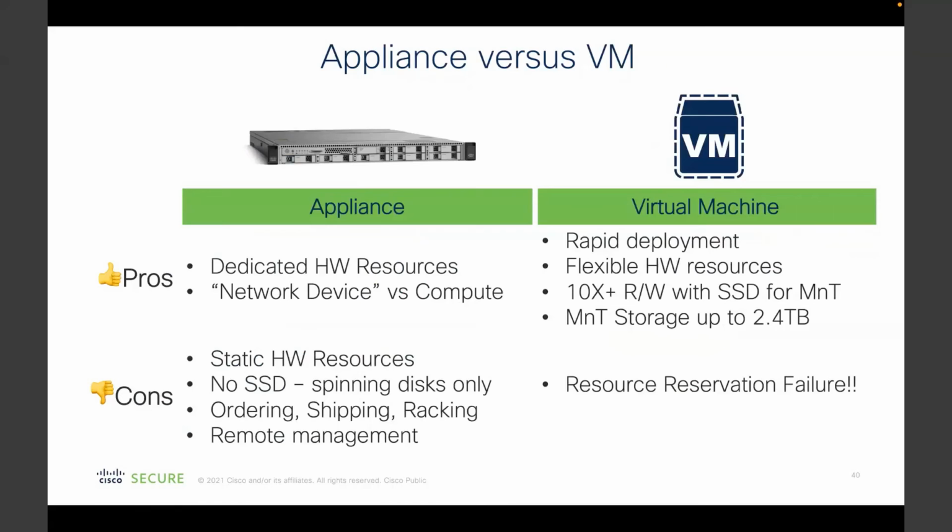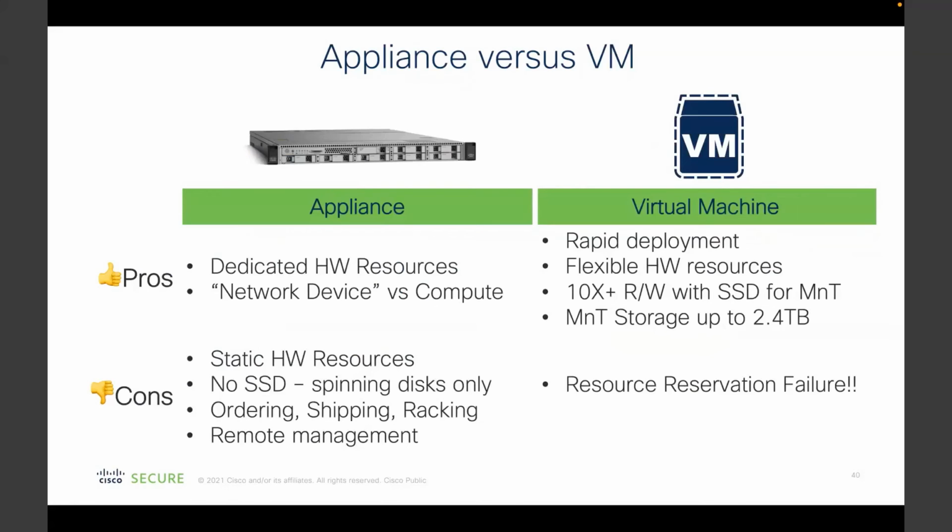If you're not the guy doing it, if you can't trust that they're going to perform the resource reservations, then you need to get dedicated appliance hardware because there have been so many TAC cases on people that didn't do the resource reservations. It looked like ISE went down all because somebody else ran some application or process and it took the resources away from ISE. So be aware of that.